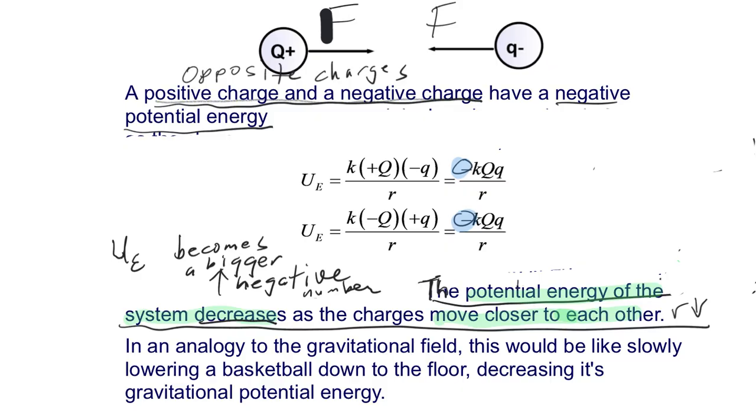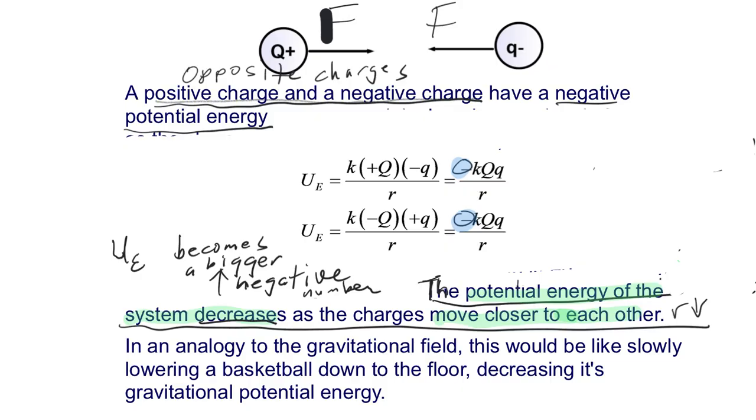In this case, a bigger negative number would mean a smaller electrical potential energy. A bigger positive number would mean a bigger electrical potential energy.